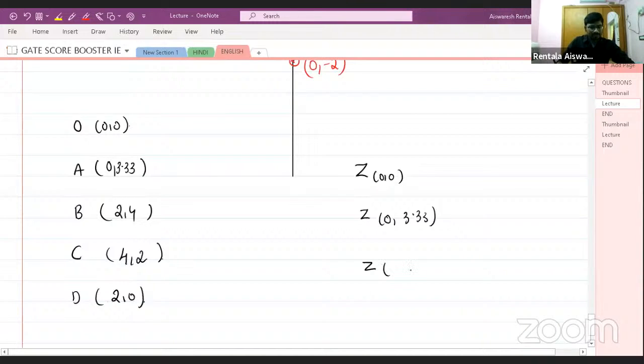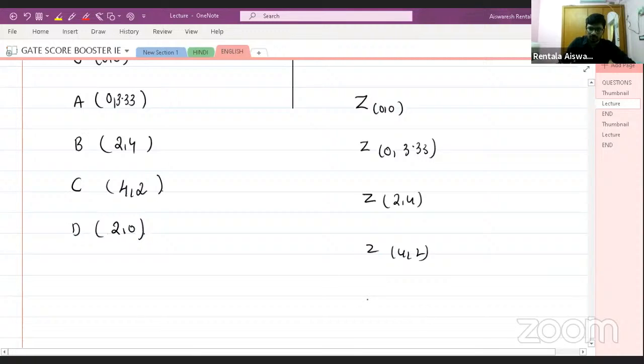Right. Now please give me the value of Z here at 2, 4, here at 4, 2, and here at 2, 0.